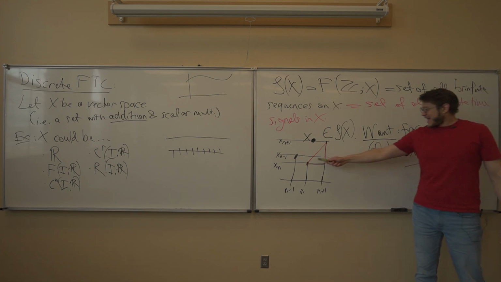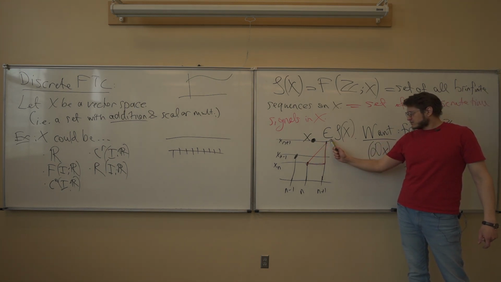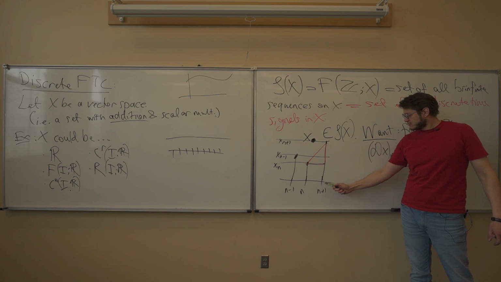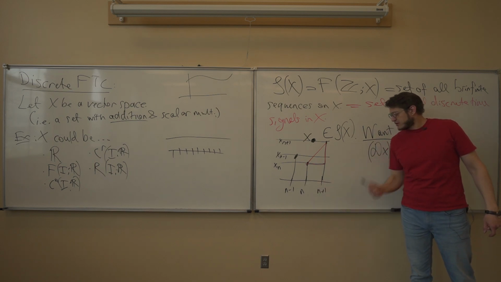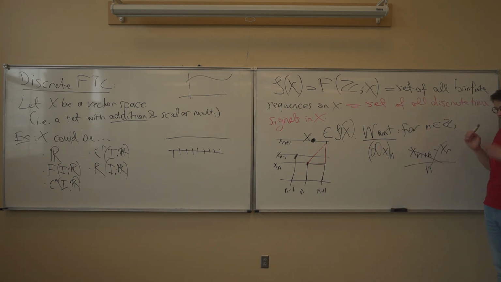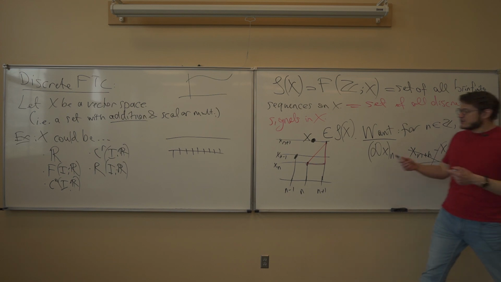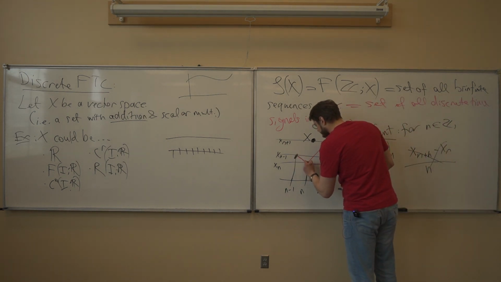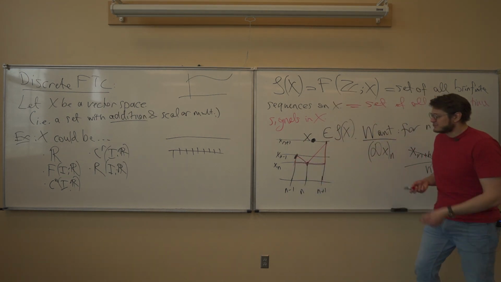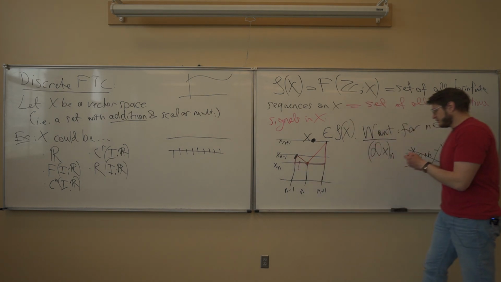Let me use the rise over run for that. You can look at x sub n plus 1 minus x sub n divided by n plus 1 minus n, which is just 1. You can do that, or you can look at this guy. People do both ways, but I'm just going to choose this implementation.